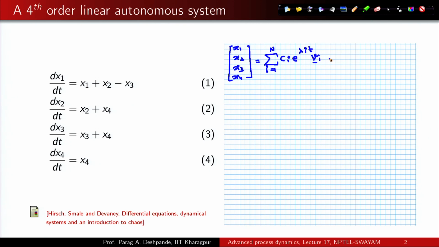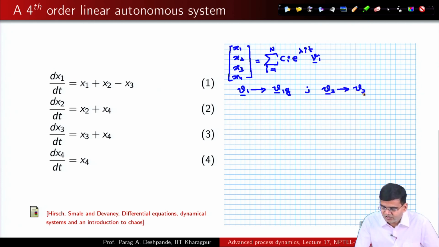Instead, for the case of repeated eigenvalues and when you do not have a sufficient number of eigenvectors, this is what you will need to do. Remember that I have eigenvector v 1 under bar. From v 1 under bar I got v 1 generalized under bar. I had v 2 under bar. From v 2 under bar I got v 2 generalized under bar, right. So, the way I modify equation A for getting the solution in this case is I do this.